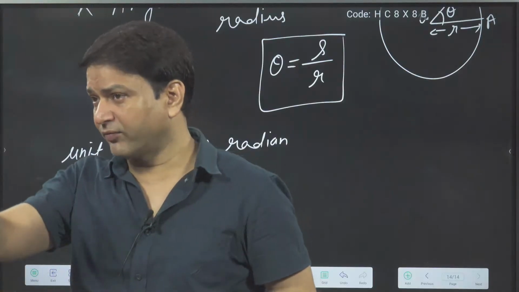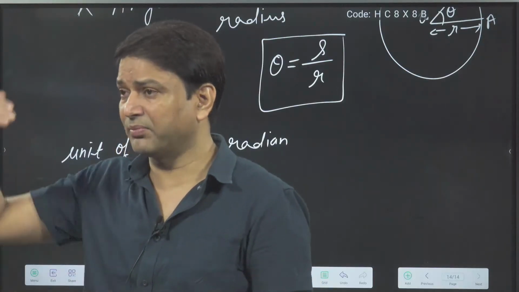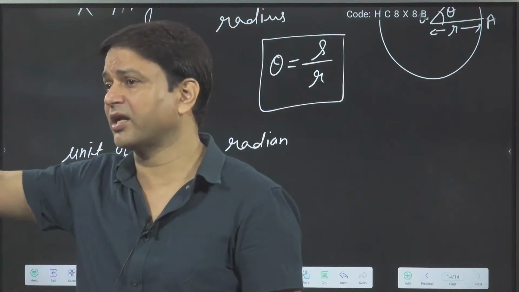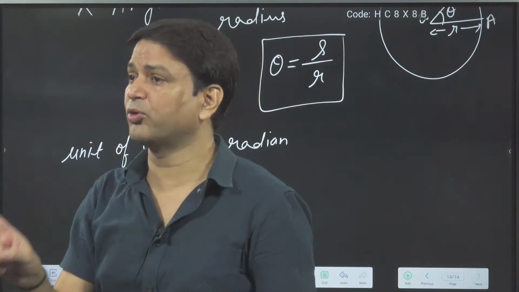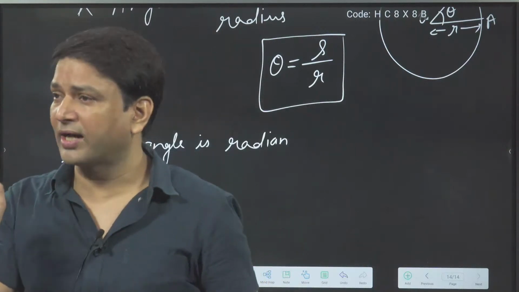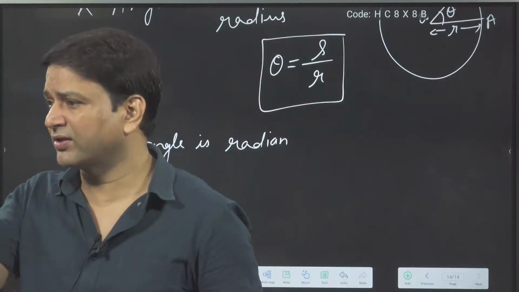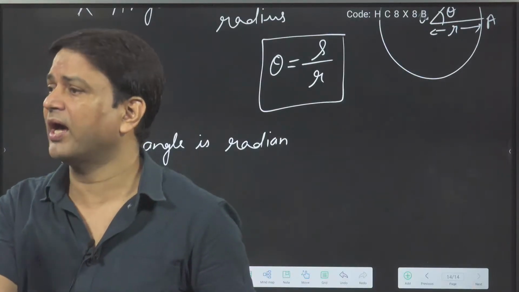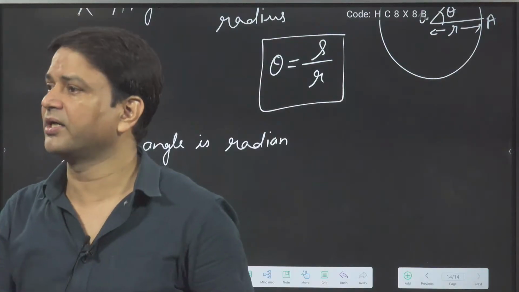Otherwise, when I am finding the angle by taking the ratio of two lengths, the unit will always be radian. So if you are using the formula angle is equal to arc upon radius, with any two quantities given and another one asked, in that formula we have to put the angle in radian.